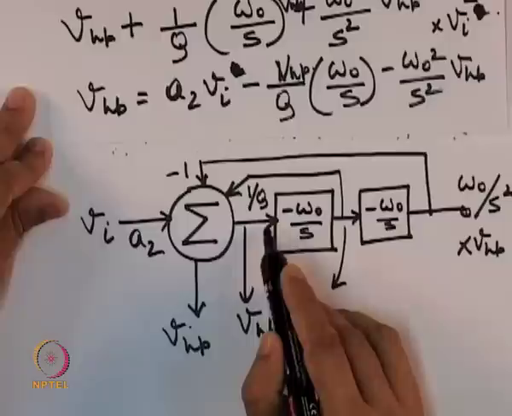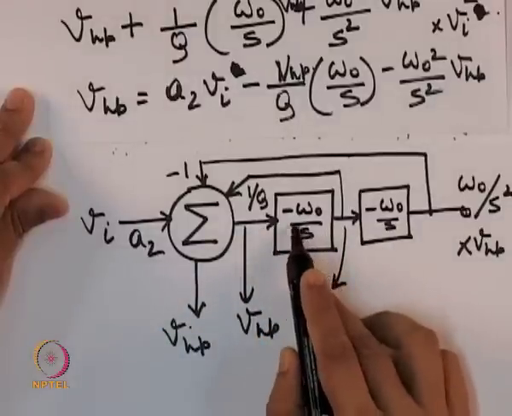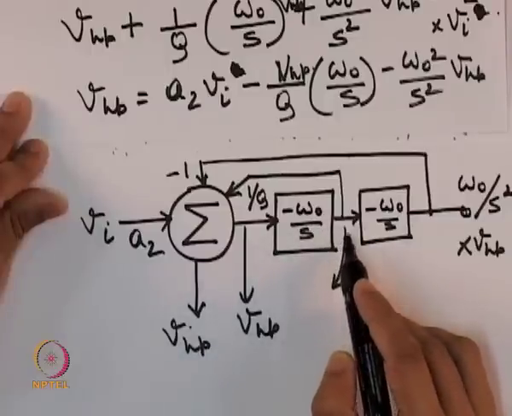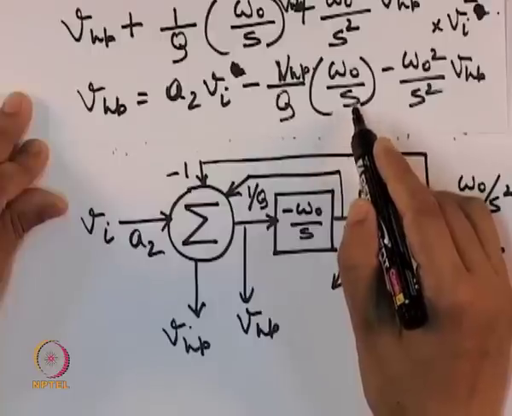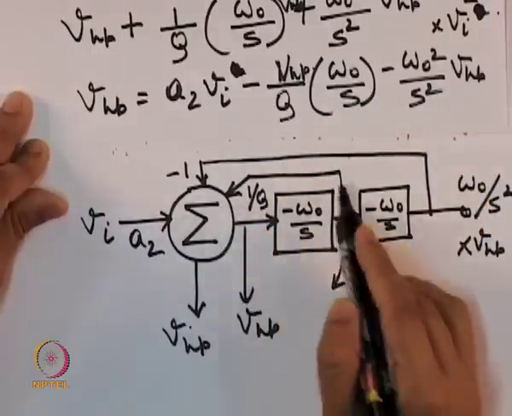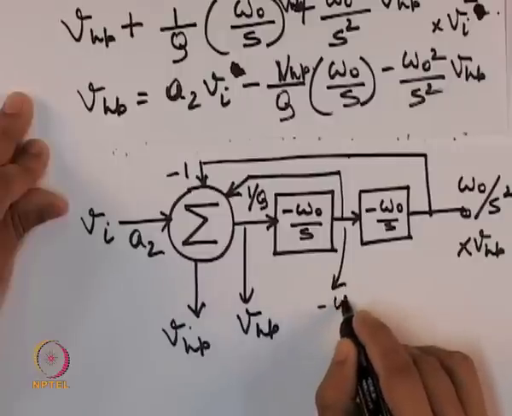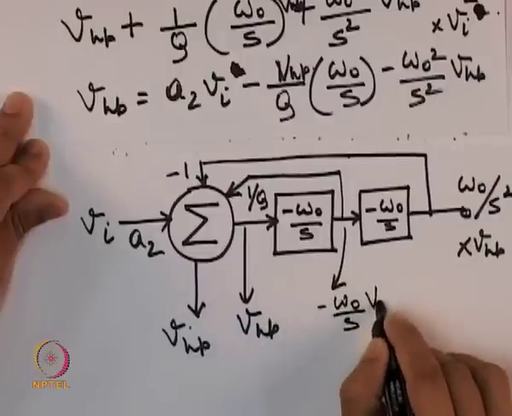So, this is VHP, this is also VHP. This is being first multiplied by minus omega 0 upon s, then scaled by 1 upon q, so this quantity is minus omega 0 upon s VHP.